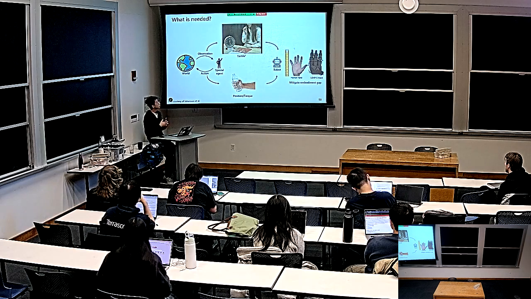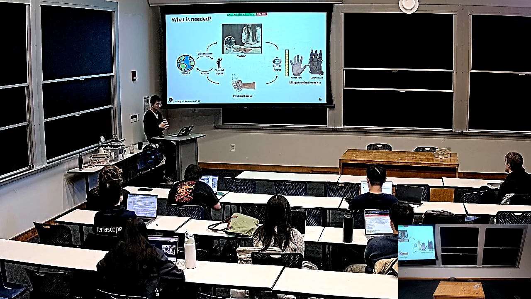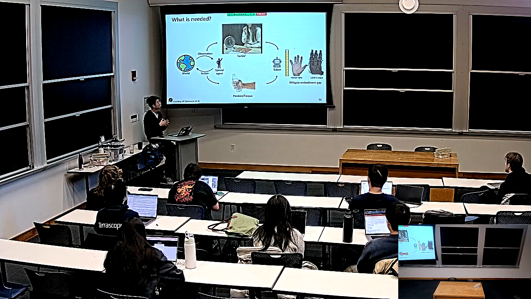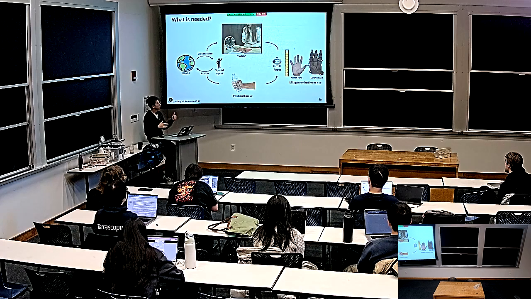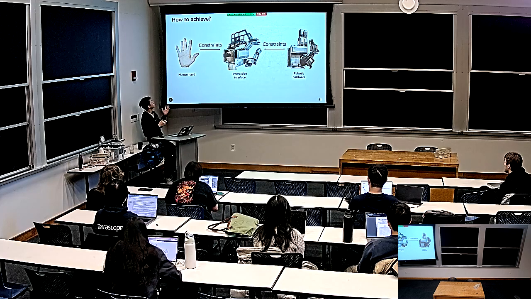And lastly, we need to remember that the data collected from this interaction interface needs to be deployed on a real robot. So we also need to mitigate the embodiment gap from a human hand to a robot hand. So based on these principles, how are we going to achieve that? Well, if we look at this figure, for the human hand, we want to somehow bridge the human hand and the robot hand.